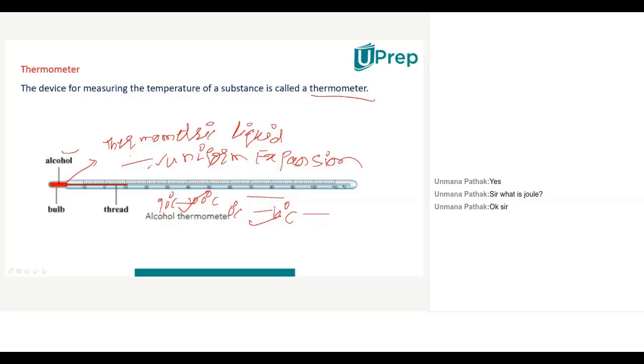Okay, sorry, what question did I ask? I forgot. On what principle are thermometers measuring the temperature of any object? By which logic can we measure the temperature by using thermometers? I didn't understand the question.